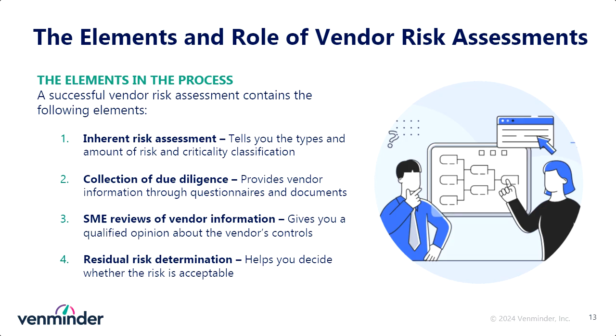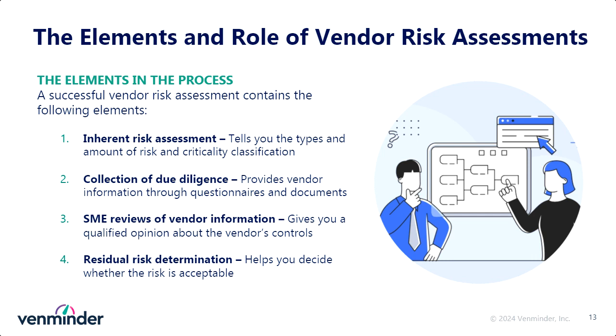Okay, let's move on to the elements involved in vendor risk assessments. The first element is that inherent risk assessment, which tells you what types of risks are naturally involved in the engagement and whether it's critical to your credit union. The next element is collecting due diligence, which will give you all of that vendor information from questionnaires and documentation.